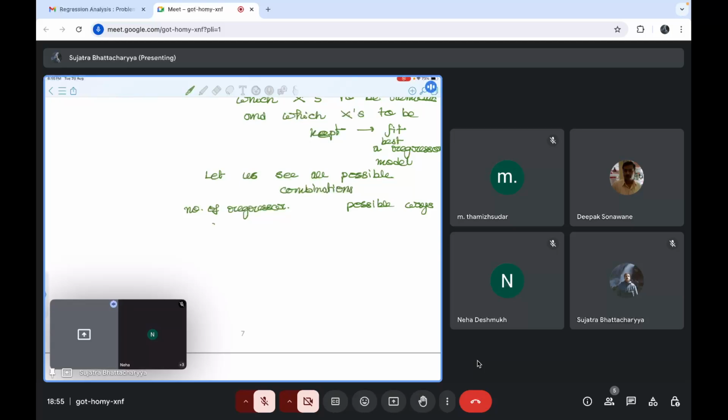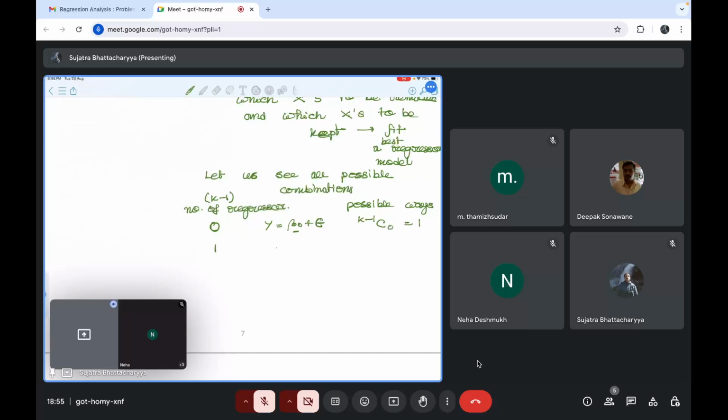If there are no regressions, suppose zero, then what will be your y? It will be nothing but beta naught plus epsilon, right? Because the number of regressions is k minus 1. So if k minus 1 is 0, k is equal to 1, one unknown parameter will be there, and what is that? Beta naught, because no regressions are there.